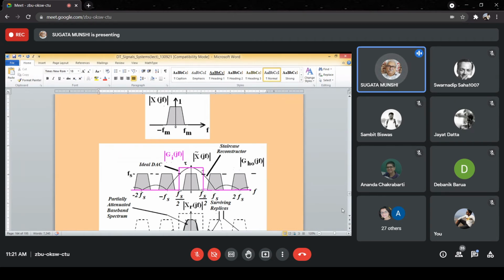I am referring to the same thing by different names, just to make you acquainted with different possibilities. Here I have said staircase reconstructor.